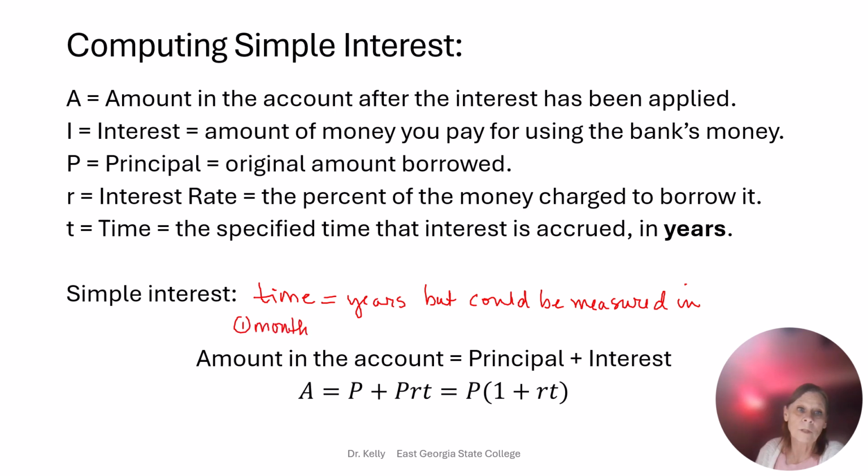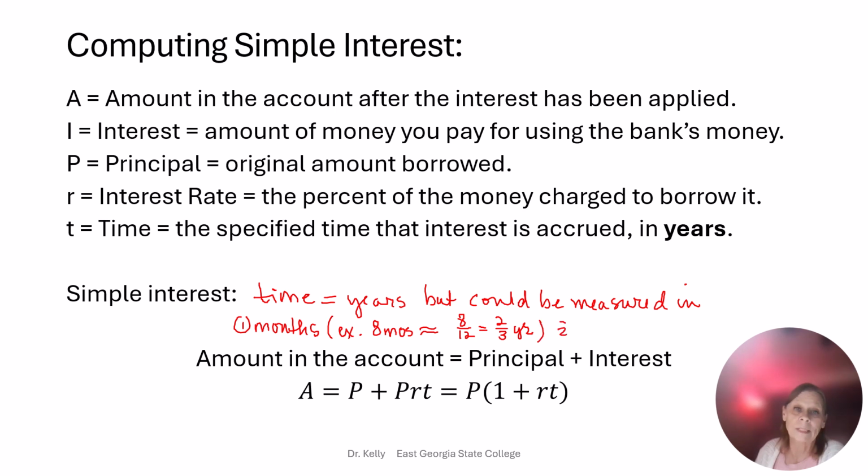And if it was measured in months, for example, 8 months, then we would use 8 months is 8 over 12, which is 2/3 of a year. So you would use 2/3.